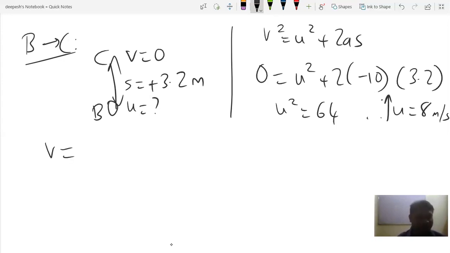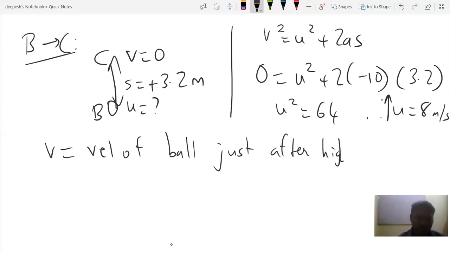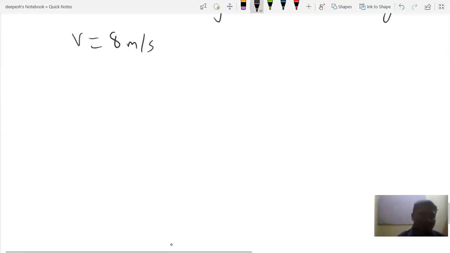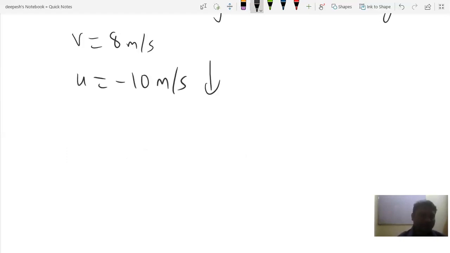So here, this is the velocity of the ball just after hitting the ground. Just after hitting the ground means after colliding. It is 8 meters per second. So we can say initial velocity u is minus 10 meters per second because it is downward direction.